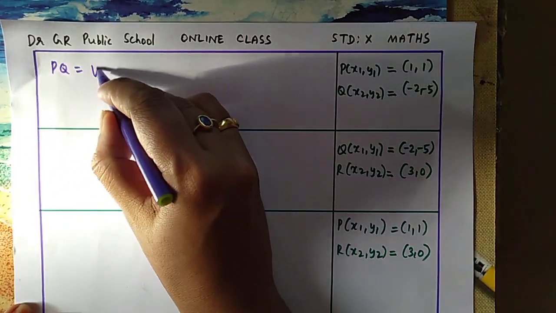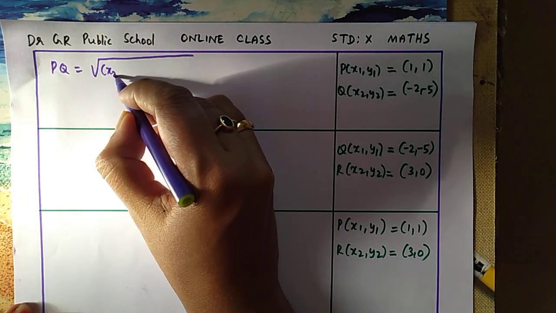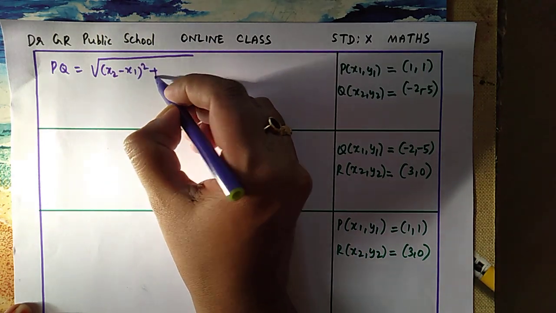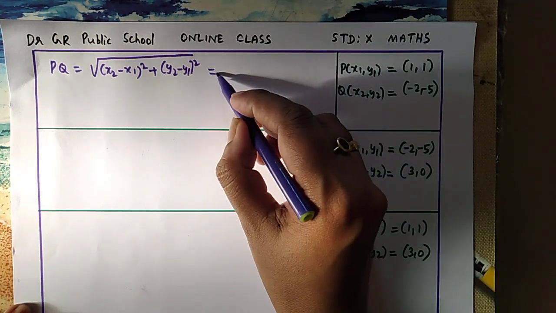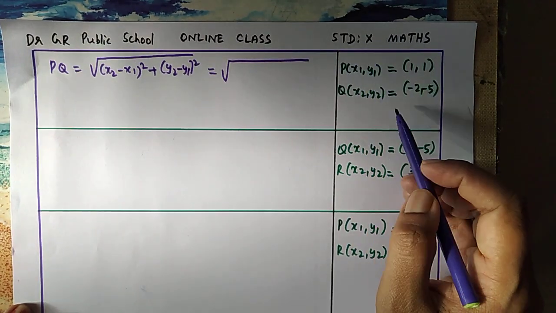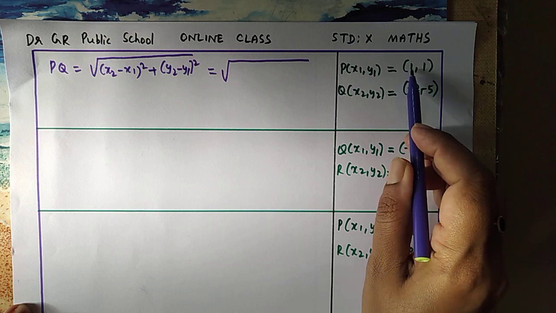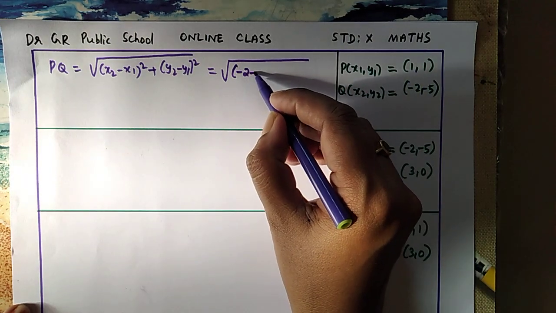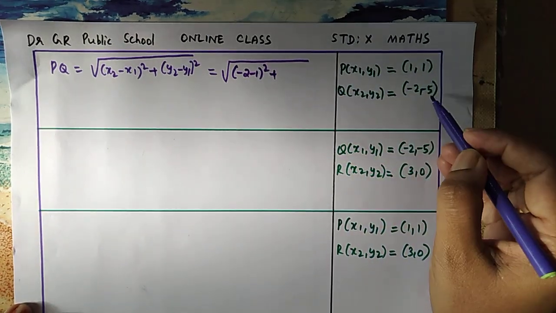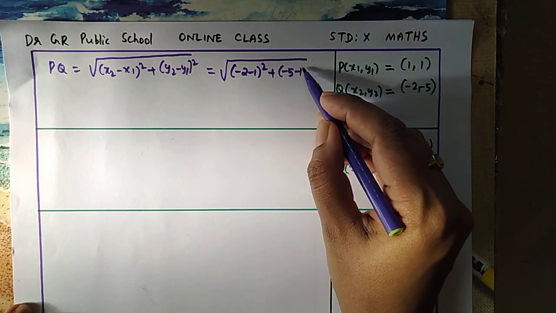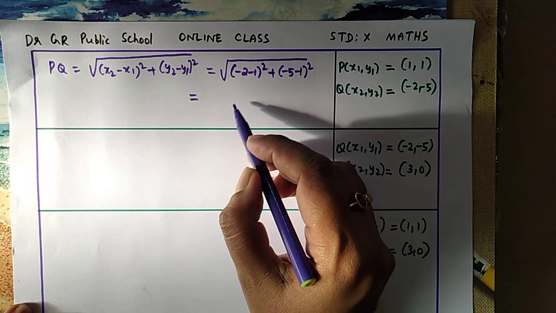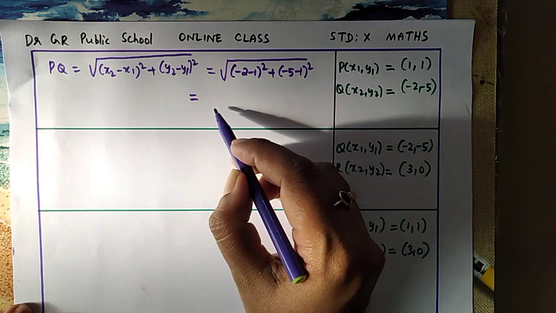Write the distance formula, root of x2 minus x1 the whole square plus y2 minus y1 the whole square. That is equal to, what is our x2? Minus 2. x1 is 1. So minus 2 minus 1 the whole square plus minus 5 minus 1 the whole square. What is minus 2 minus 1? It is minus 3.